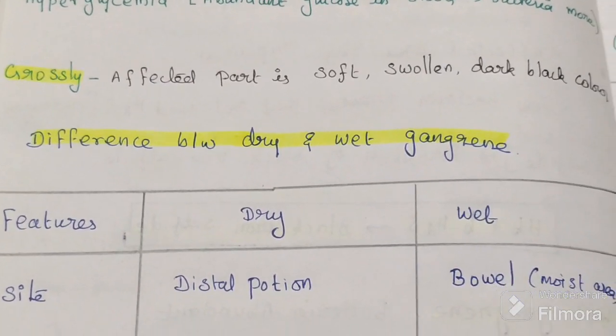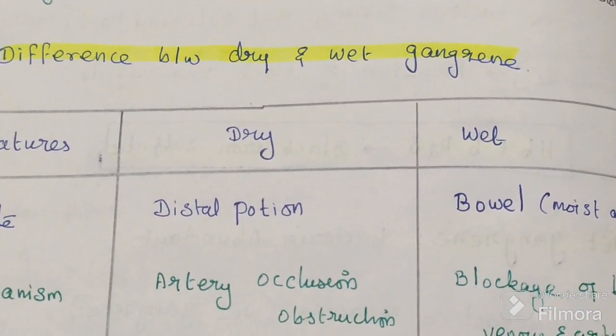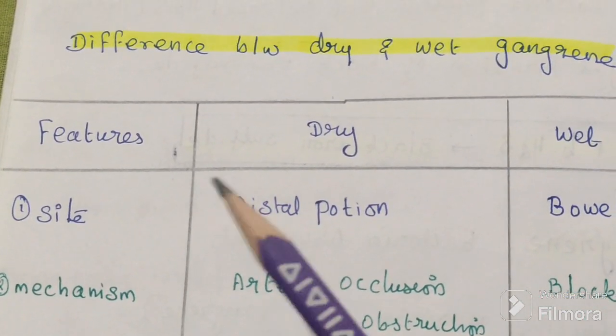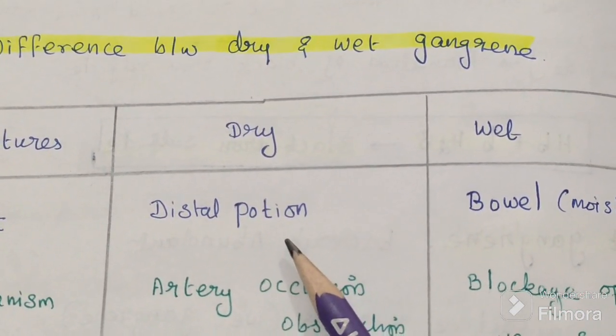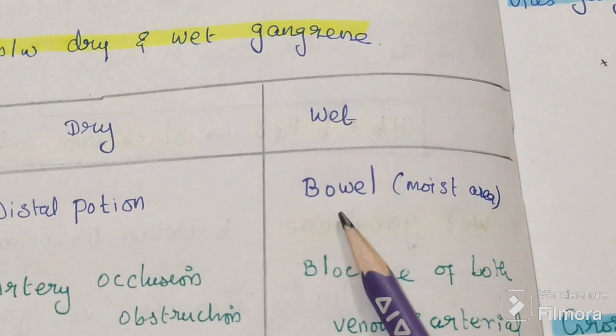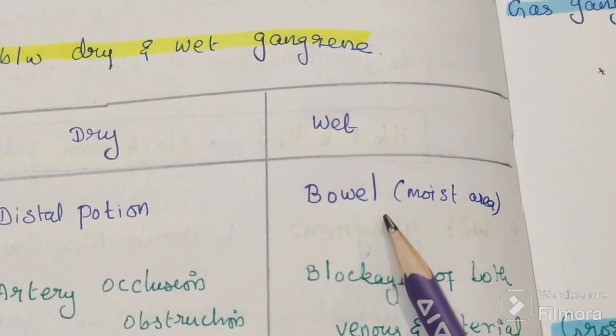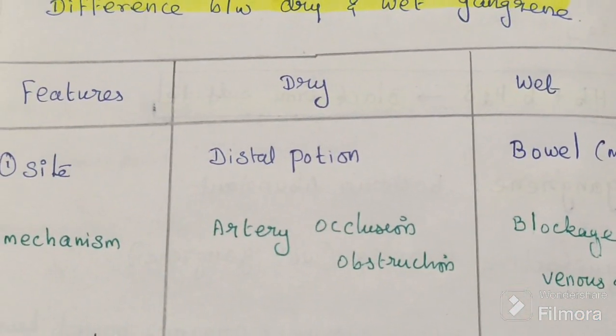Now the difference between dry and wet gangrene. Site: dry gangrene is in the distal portion, mainly the limbs; wet is in the bowel and moist areas.